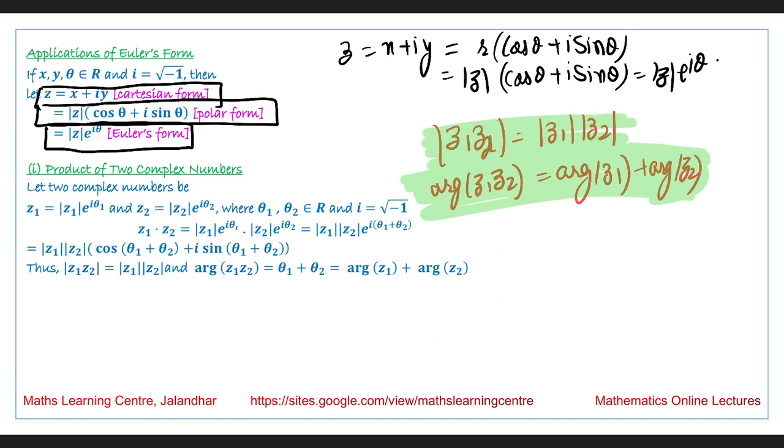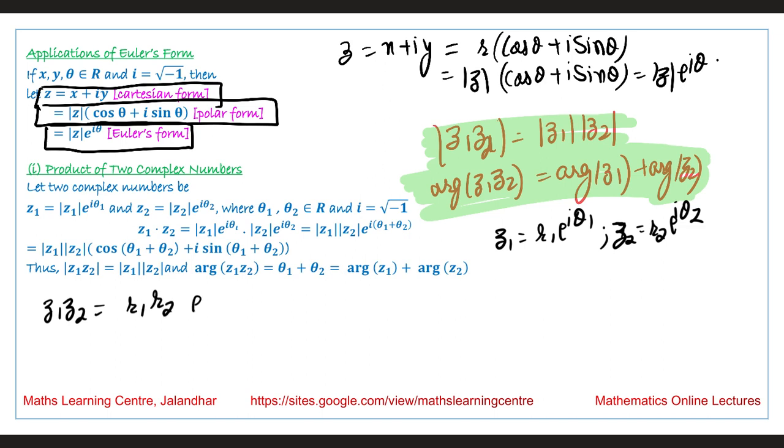So we start solving. We consider that z1 is the number r1 e raised to the power iota theta 1, and z2 is the number r2 e raised to the power iota theta 2. So if we multiply both these values, we get z1 z2 equal to r1 r2 e raised to the power iota theta 1 e raised to the power iota theta 2. It is equal to r1 r2 e raised to the power iota theta 1 plus theta 2. So what we get from this is that mod of z1 z2 is equal to r1 r2, and what is r1 r2?